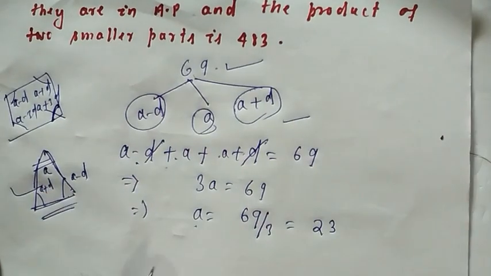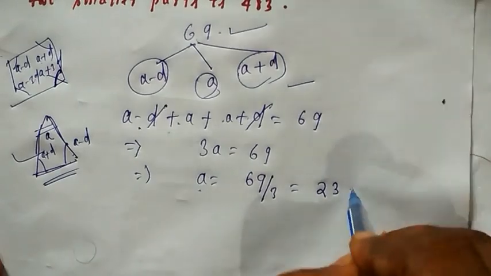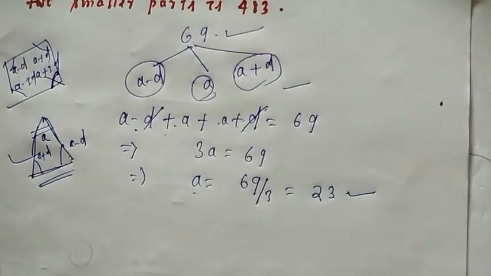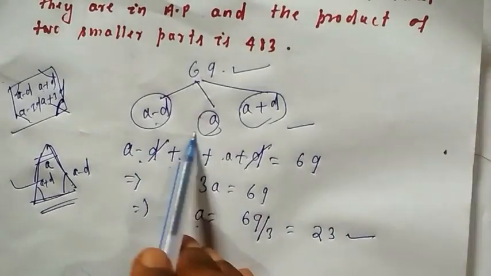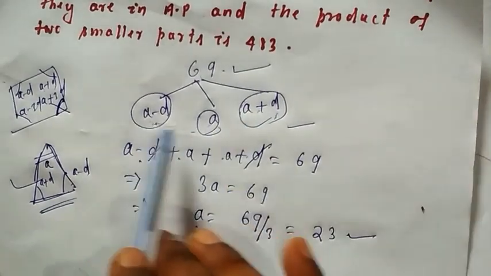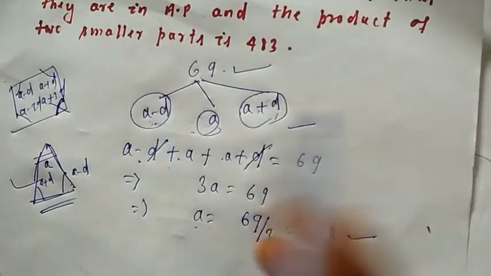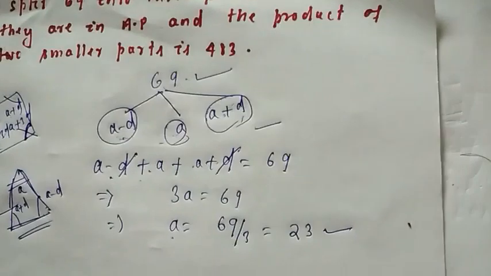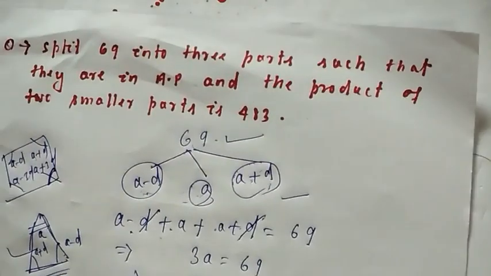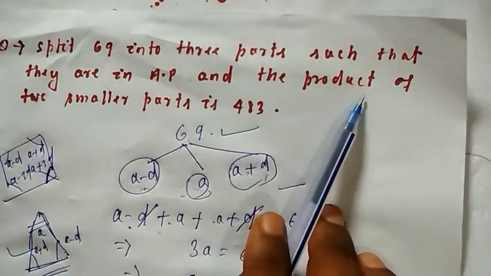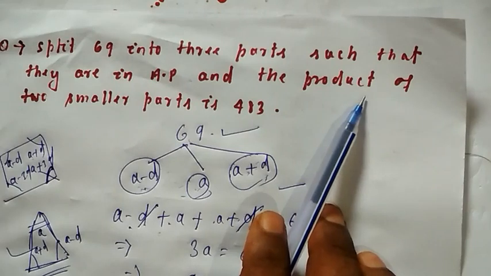Is it clear? Okay. We got the A value. In order to find the 3 numbers, if you know the D value, then you can find them. How to calculate the D value? Go through the second condition. The second condition says that the product of the 2 smaller parts is 483.